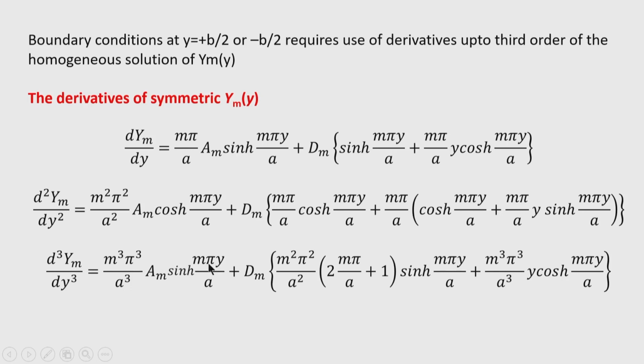Sin hyperbolic m pi y by a is an odd term, and here again sin hyperbolic is an odd term and y is an odd term, but cos hyperbolic is an even term, so the product of odd and even is again an odd term. So, interestingly, it is noted that with an odd number of derivatives, odd terms are appearing, and with an even number of derivatives, even terms are appearing.